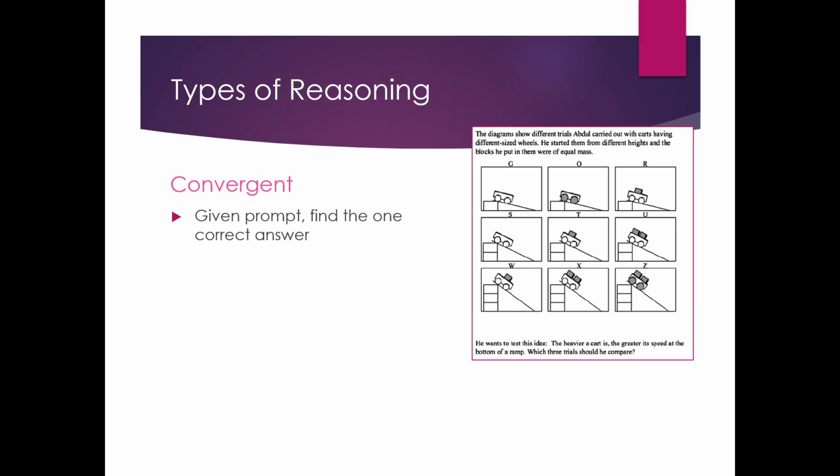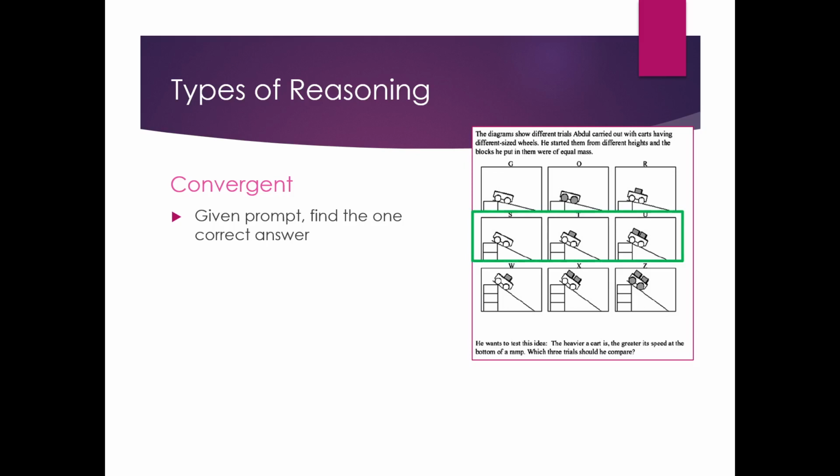They don't mention in this little setup that also the ramp has different slope. So they didn't mention that, but I will attract your attention to that. He started them from different heights, and the blocks he put in them were of equal mass. So he wants to test this idea: the heavier the cart is, the greater its speed at the bottom of the ramp. Which three trials should he compare?